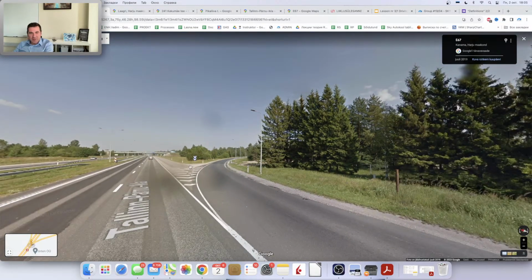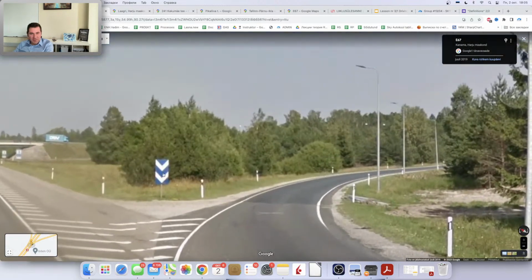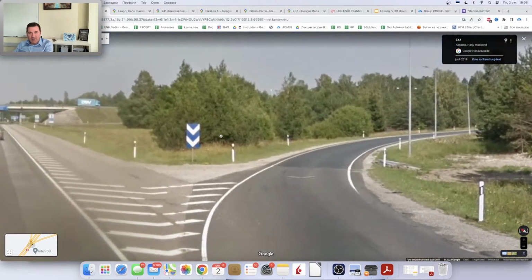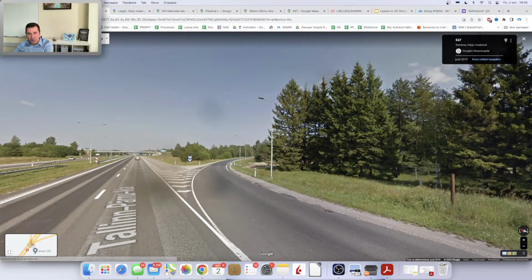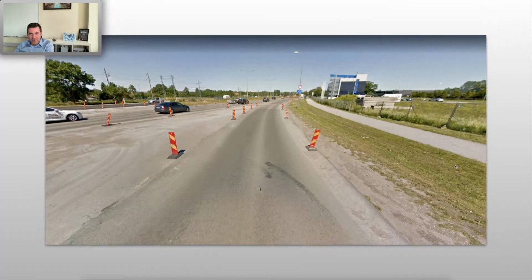Or for example, here is another example. This is a blue sign, and it tells you that there's also a road that will be divided into two, but you don't have to slow down because you can go with your regular speed. If 90 kilometers per hour is allowed, you can go 90, nothing bad is going to happen. The meaning is more or less the same.